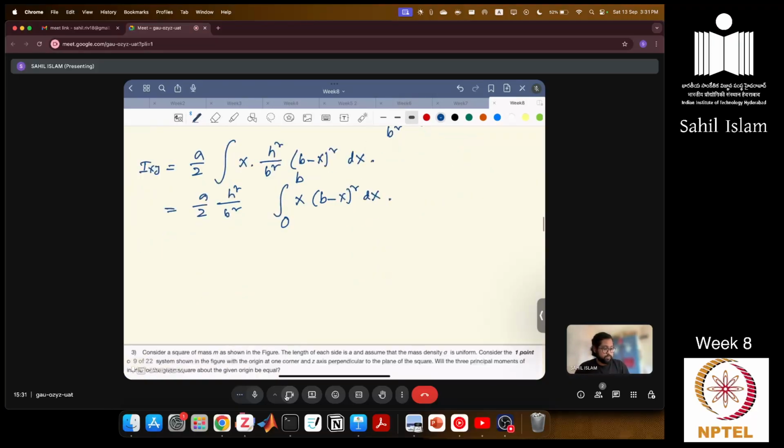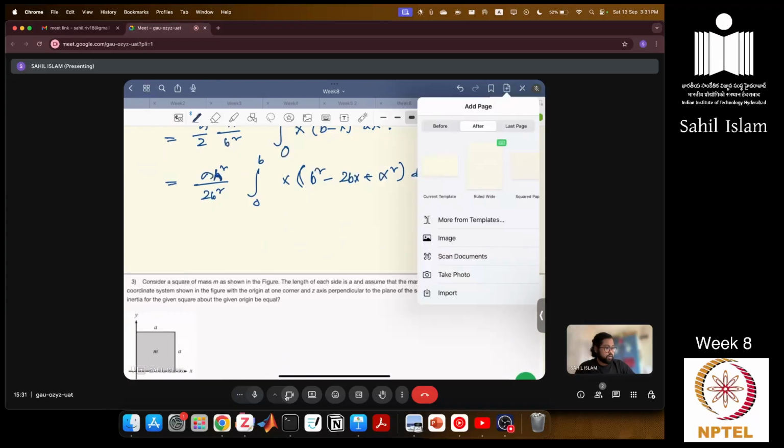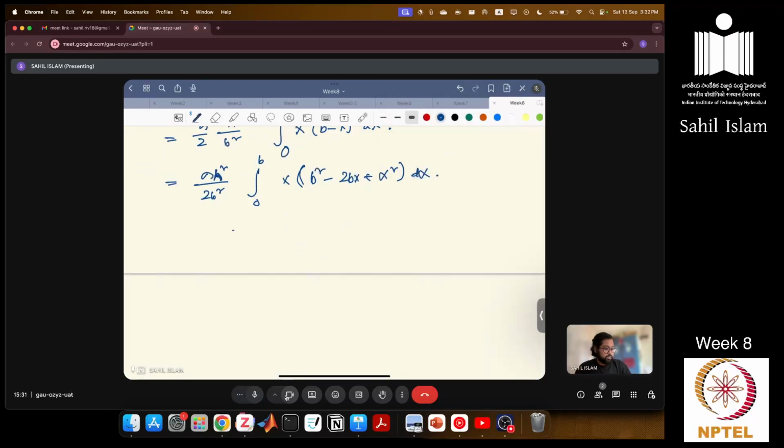So sigma h square by 2b square, integral from 0 to b of b square minus 2bx plus x square, times x dx.